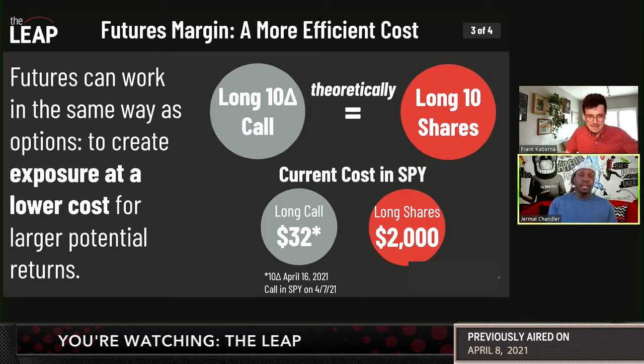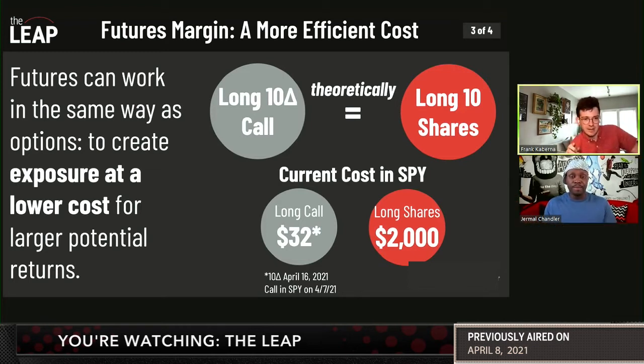And I think you also did a great job here of talking about the margin for the shares. If it's currently trading 400 or thereabouts, then you're only putting up 50%. So that's where the 2000 comes in. I see where that makes sense. Going about it this way with the long call is definitely a lower probability situation, and one that most of the time we wouldn't be really interested in entertaining.